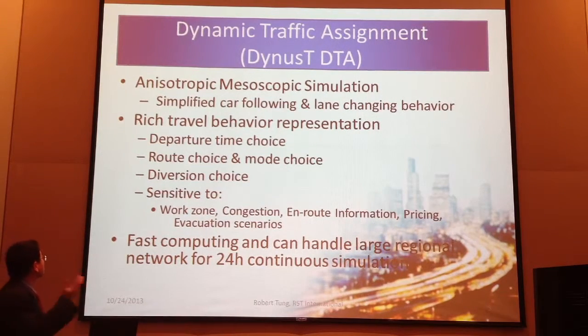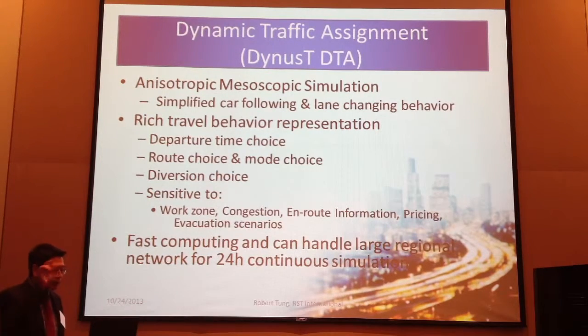So you can have an assumption on the departure time choice. That means when each person makes a trip, they will determine when they want to depart based on their perceived and predicted travel time. And also route choice, mode choice, and diversion choice, and the model is very sensitive to work zone management.